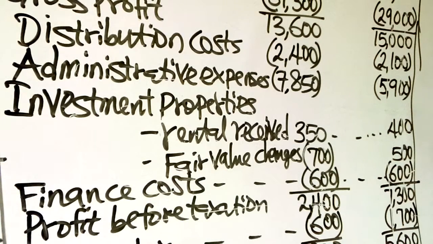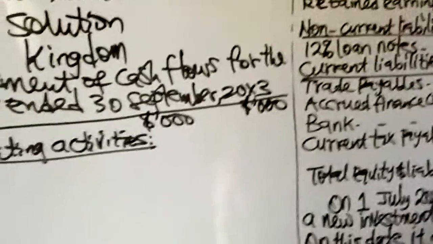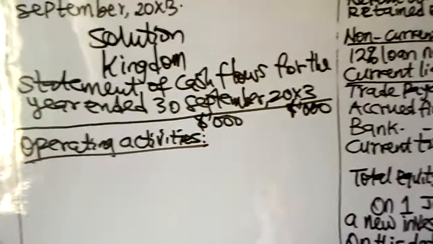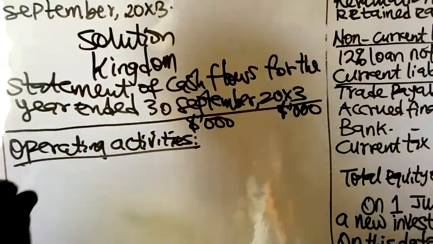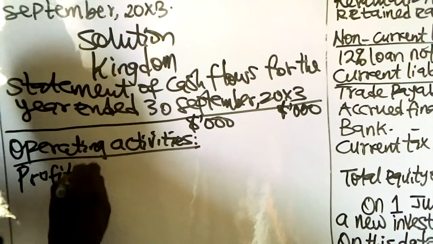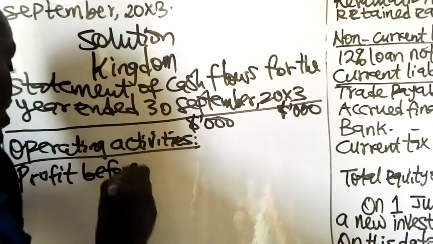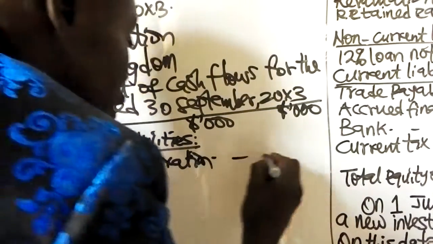So now let's go to the preparation of our statement of cash flows proper. The first thing, we have operating activities. I've told you that you are starting with the profit before taxation, and the profit before taxation is 2,400.